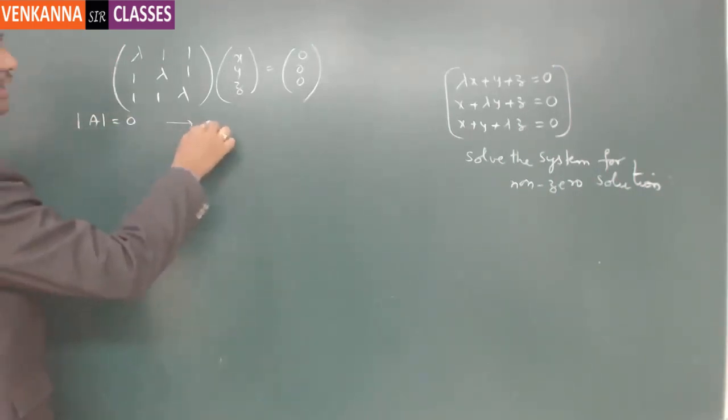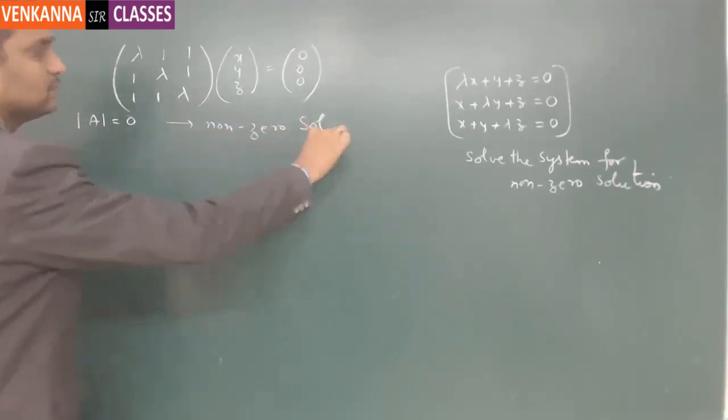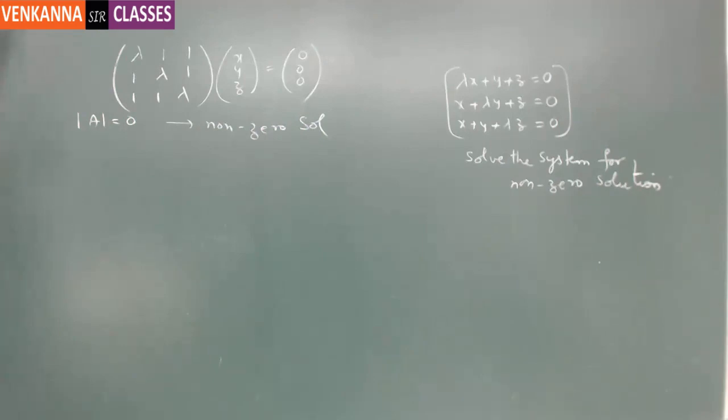Here you can find the determinant directly, or you can apply row operations, simplify that, and find the determinant. I think you know how to find the determinant. I will skip that part.